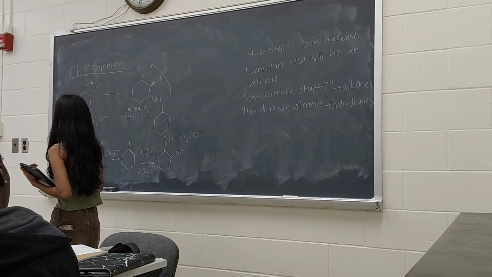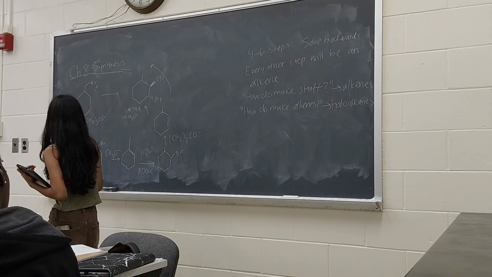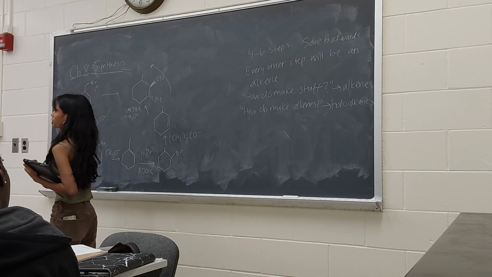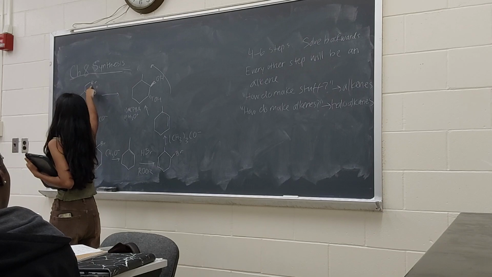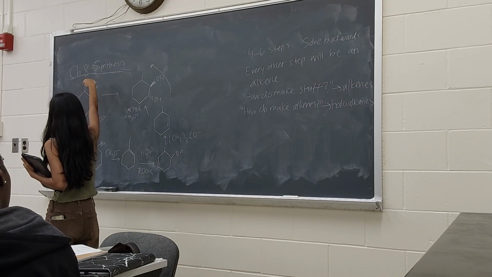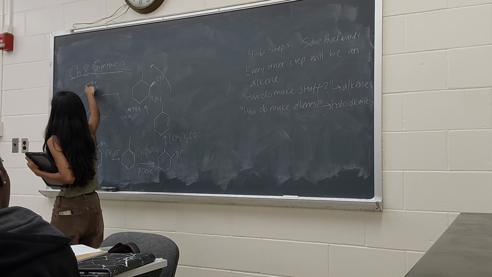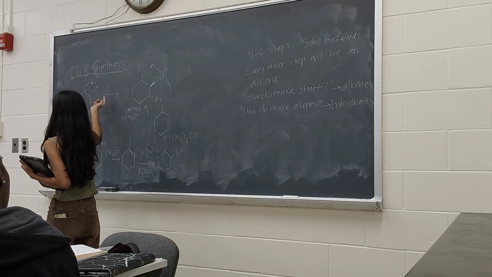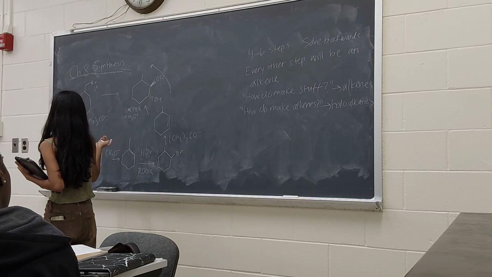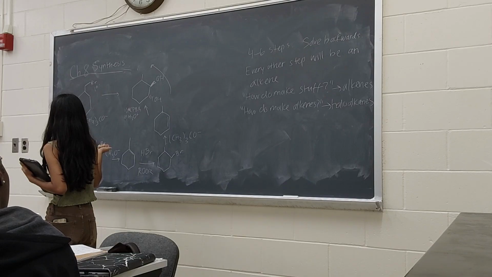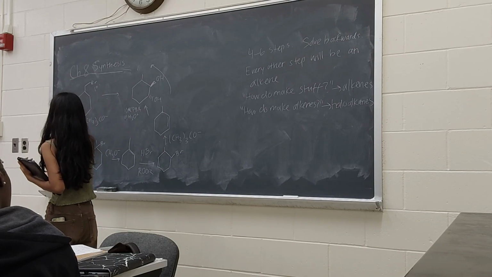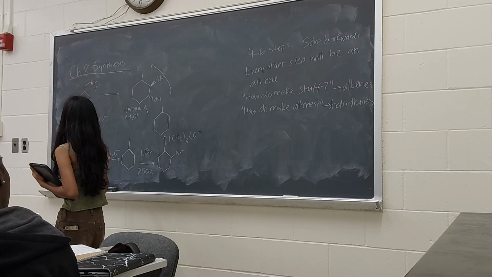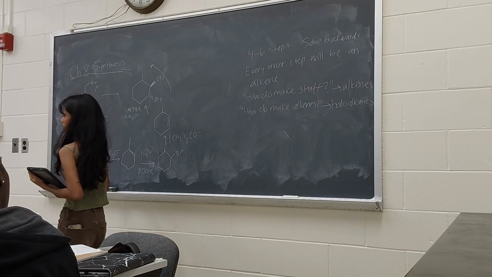But in this case, there's only one way it can go, right? The Br is at the end, so it can only go here. There's no other way for it to form an alkene, or a double bond. So this would be the only outcome of that. Does the Br collapse? The bonds from the Br.